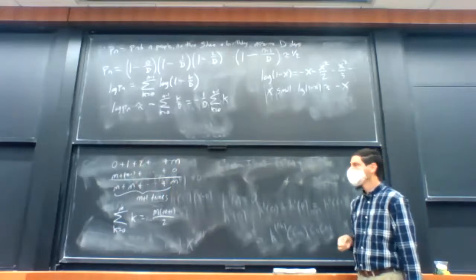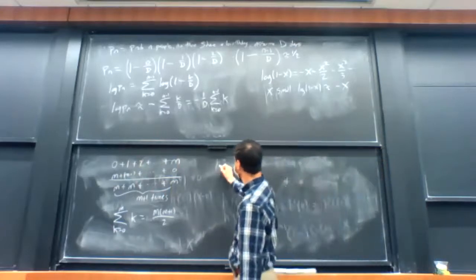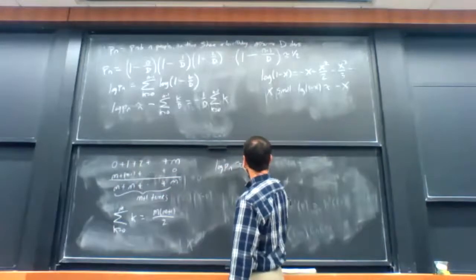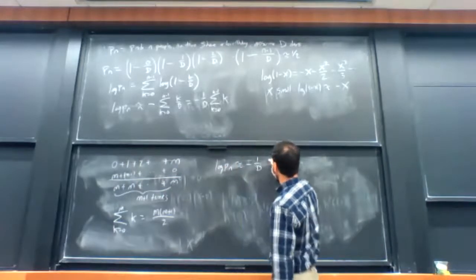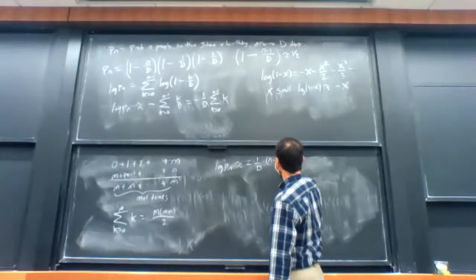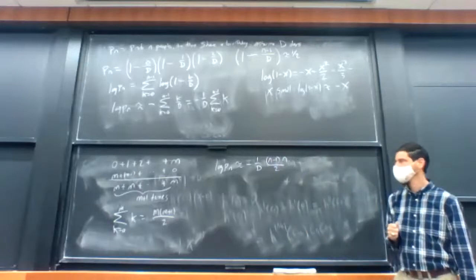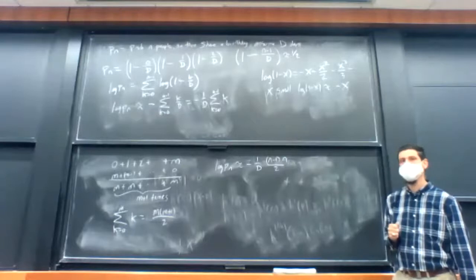So that means for us, the log of Pn is approximately negative 1 over d times n minus 1 times n over 2. We want to solve for n.